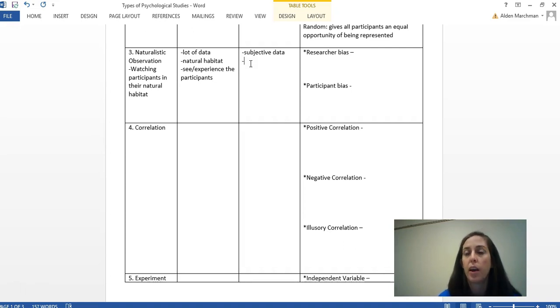Also, you have to be very specific in what we're actually looking for. So if Celia and I come together and say, okay, we want to see how many fights we see, that's more objective, right? But you have to be very specific in data collection, what you want. Does it take time? Yes.